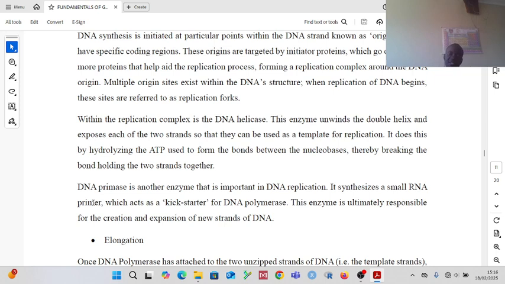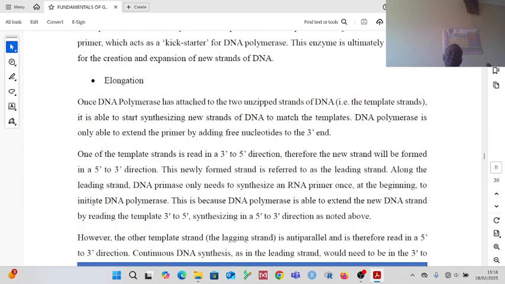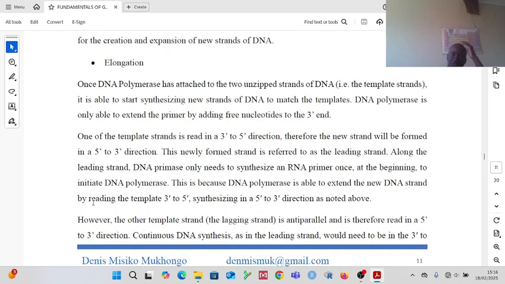The DNA polymerase, now that is the key enzyme that functions in elongation. Okay? And what the DNA polymerase will do in elongation is now just checking the template strand and reading it in a 3' to 5'. Okay?